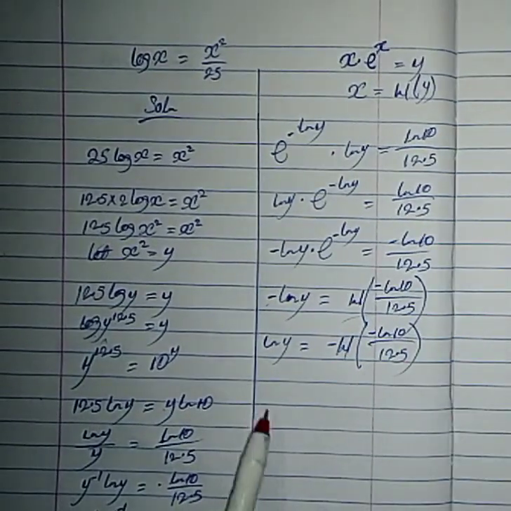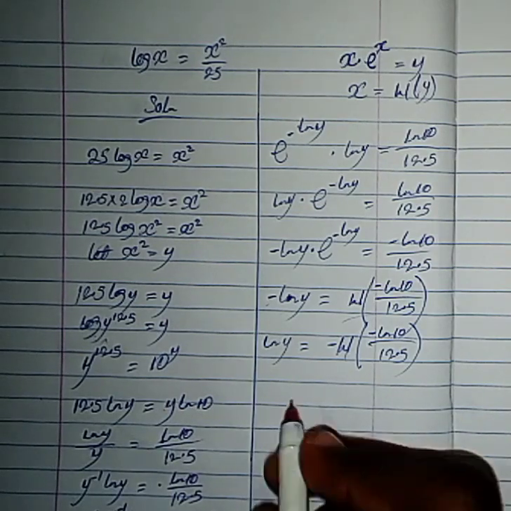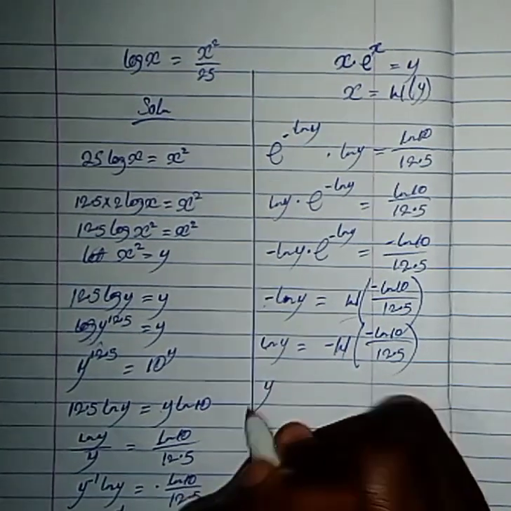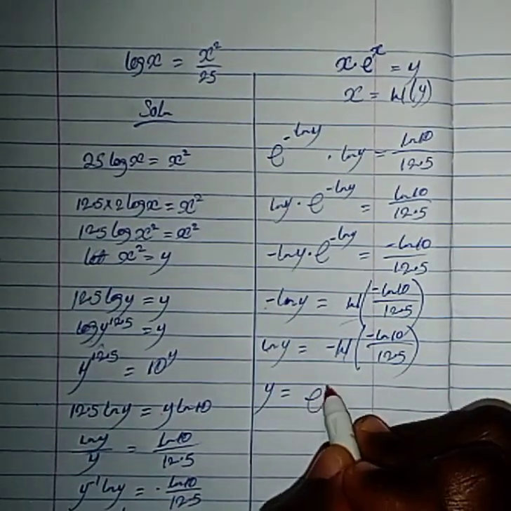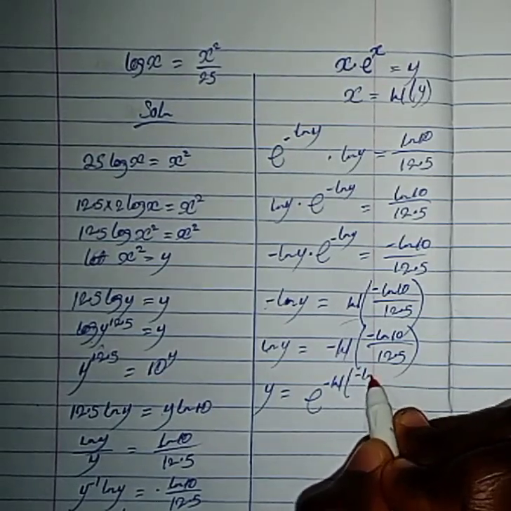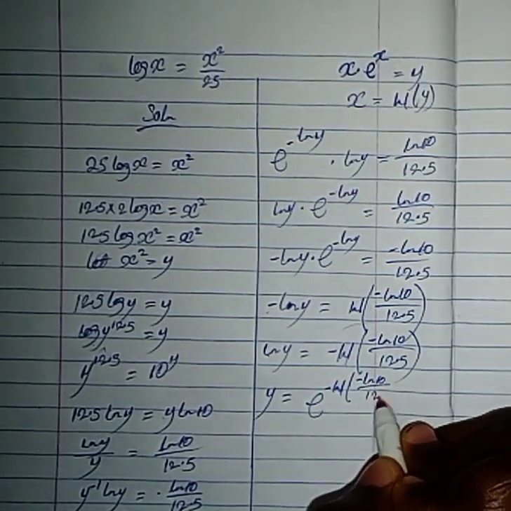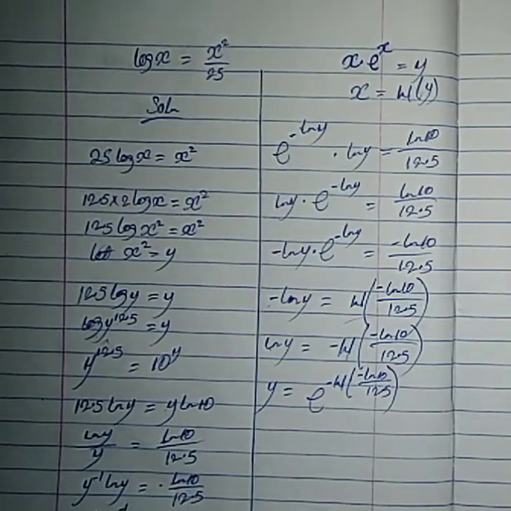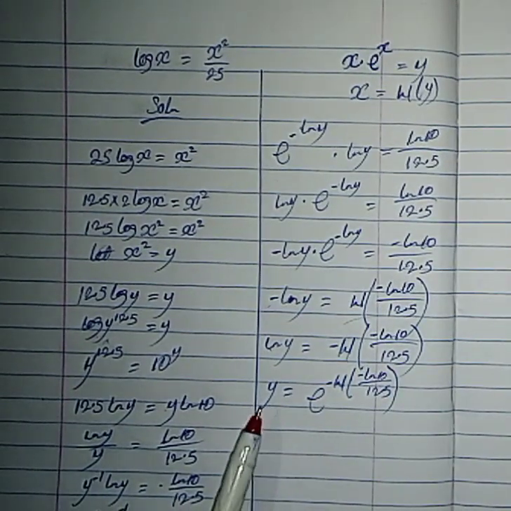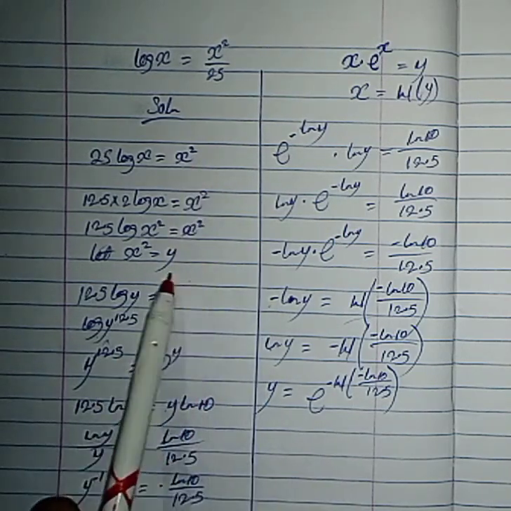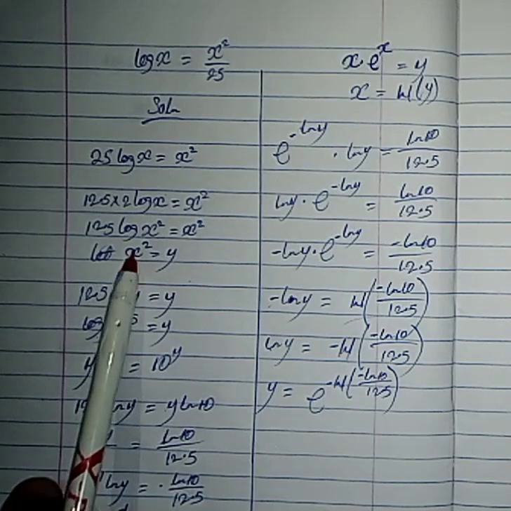So now, by removing ln here, you see y is equal to e raised to the power of negative Lambert W function of negative ln 10 over 12.5, right? So now you know that y is x raised to power 2.